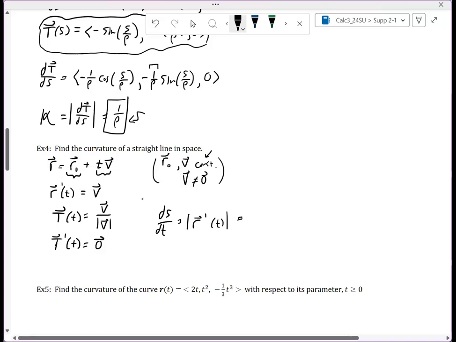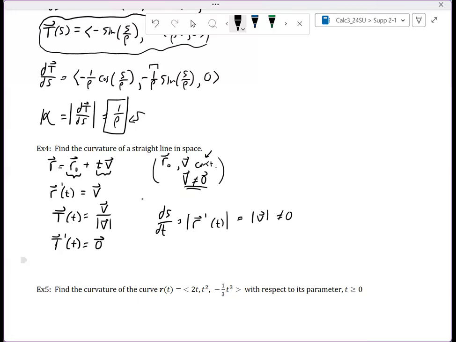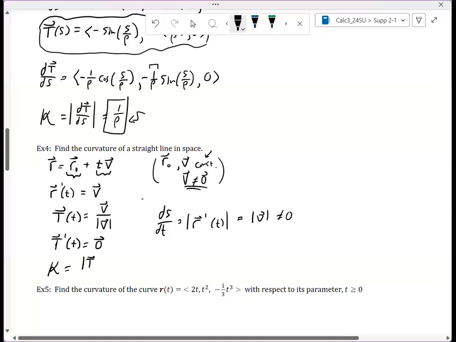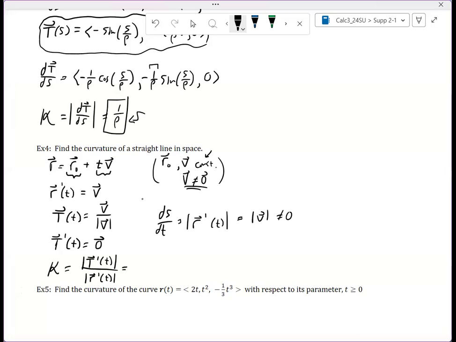But what's length r prime? That's just length v. And because v is not the 0 vector, this is non-zero. Okay, so my curvature, which is length T prime over length r prime, is what?